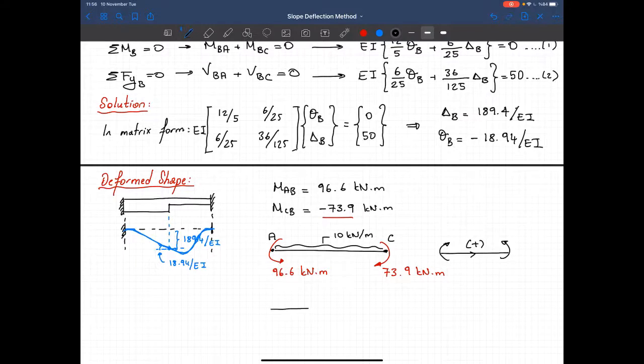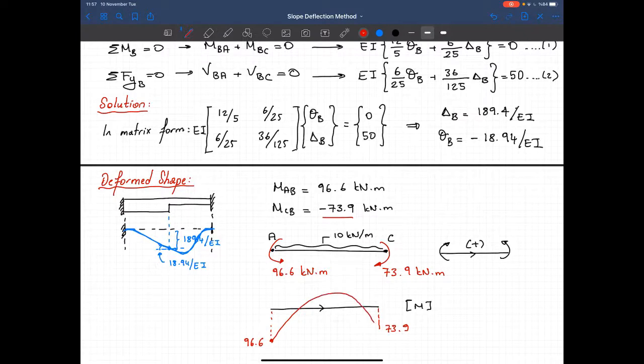So that's our member. Here I have a negative moment, magnitude 96.6. Here I have another negative moment, magnitude 73.9, and in between I have a quadratic variation.